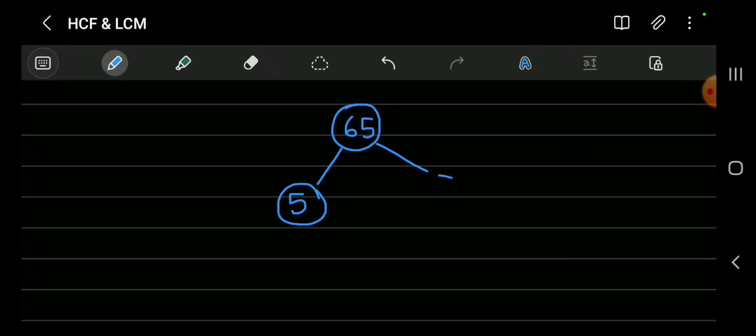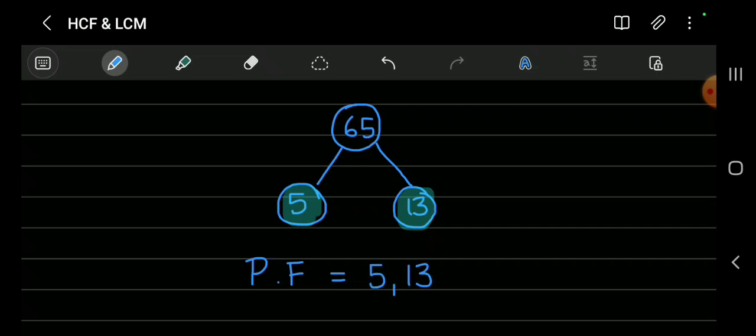Numbers ending with 0 and 5 are divisible by 5, so I'm doing that. 5 times 13 is 65. Oh yeah, it is not a bigger one. See, in the first step we get the factors, and since both are prime numbers, the prime factors in this case are 5 and 13.